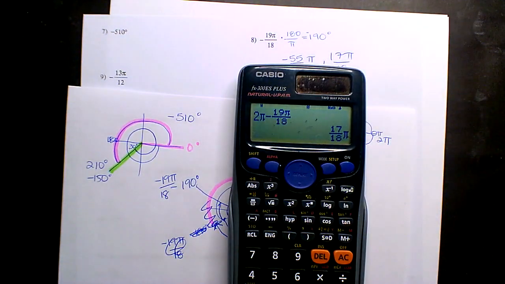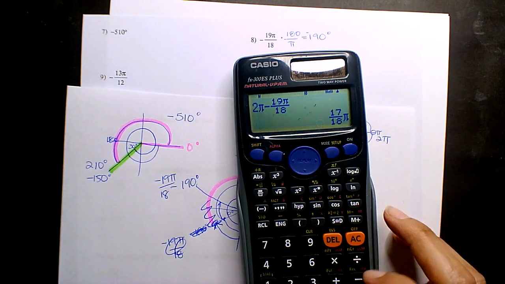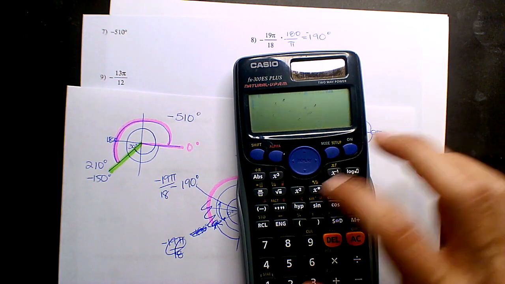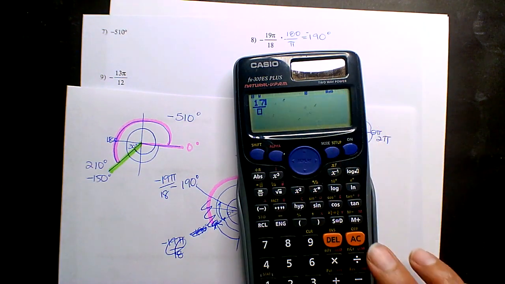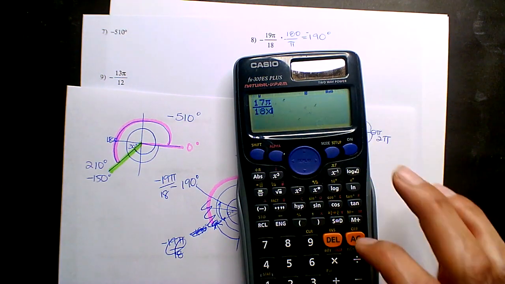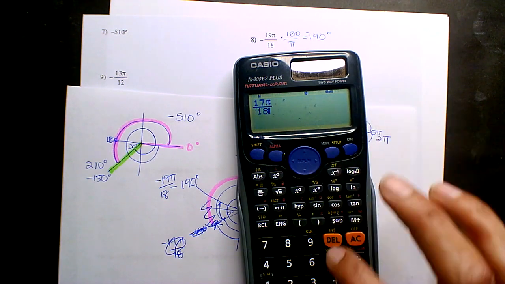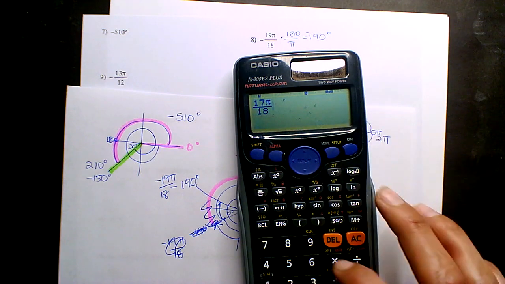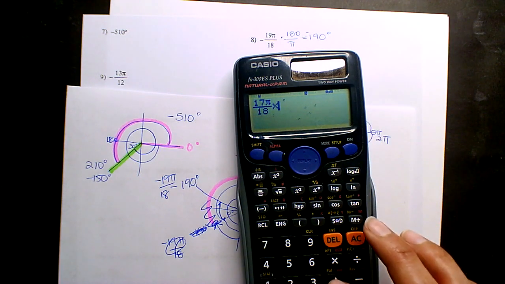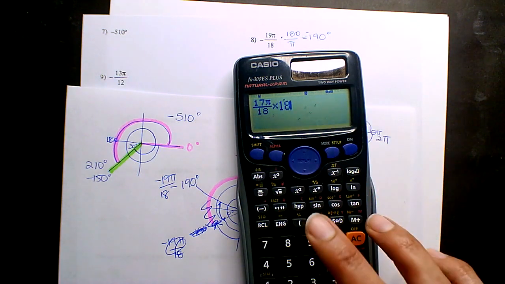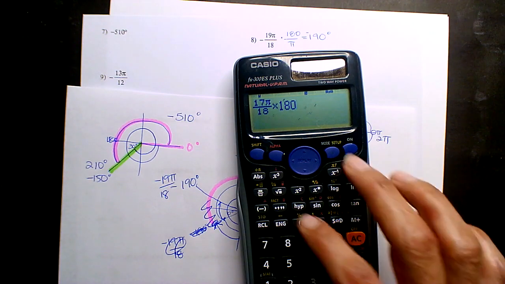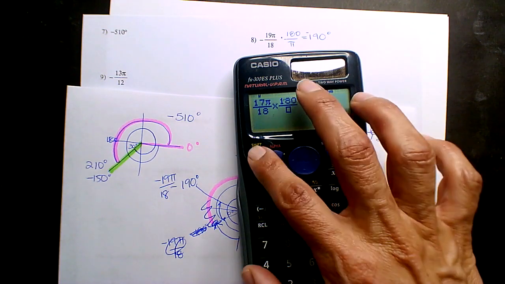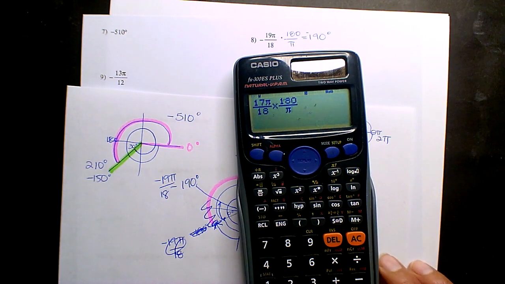Okay, now, is that right? Convert it then. So here, just so you guys could see, 17 pi over 18 times 180 over pi, and I get 170 degrees.